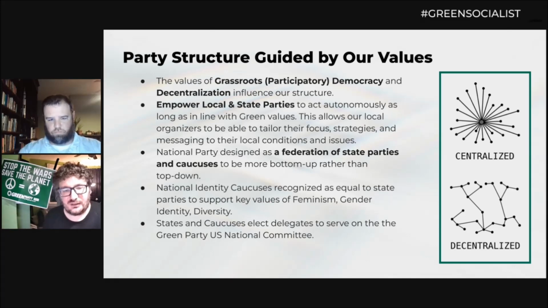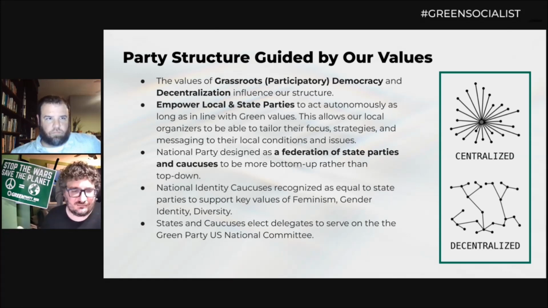We want to encourage our local and state parties to act autonomously, independently, and to tailor their focus and their strategy and their messaging to whatever those specific conditions are that they're facing. As long as, of course, all of that messaging and action is in line with our 10 key values and in line with our larger goals. So to empower the local and state parties to do that, the National Party was envisioned as a federation of state parties and caucuses.